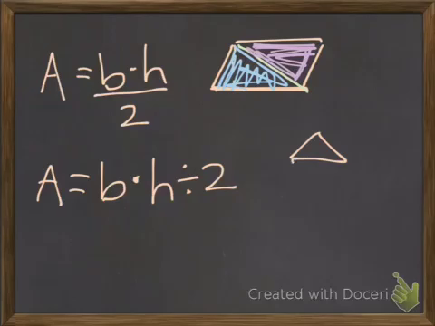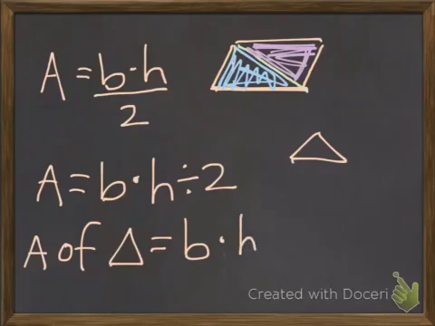Sometimes to keep my formula straight in my head, I like to write it like area of triangle equals base times height divided by 2. And then that way I don't have a bunch of A equals. Okay, area of triangle equals base times height divided by 2.